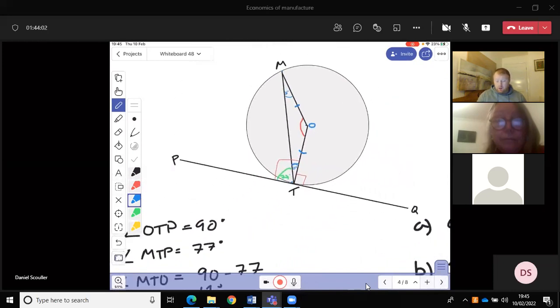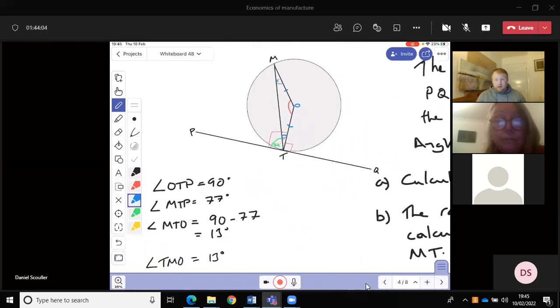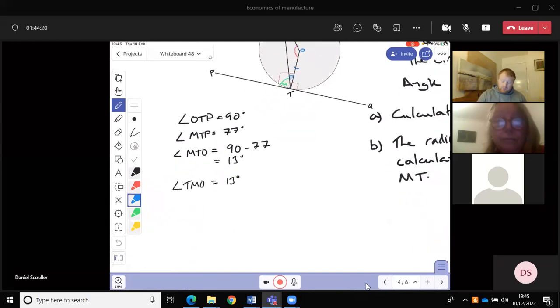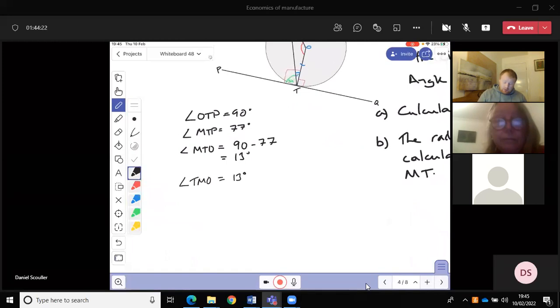Now, the rule that we know for all triangles, whatever shape, size, right angles, isosceles, equilaterals, obtuse, acute, whatever, all triangles, the three angles add up to 180 degrees. So we've got two angles, and we want to find the third. So angle MOT would equal 180 minus your 13 minus your 13.